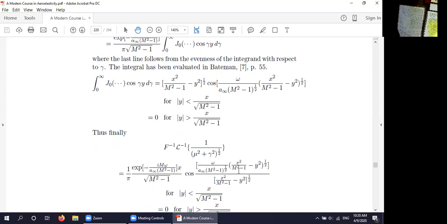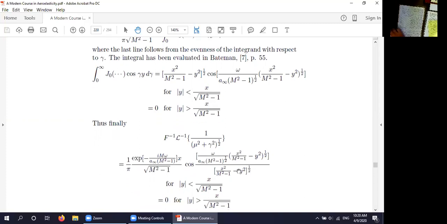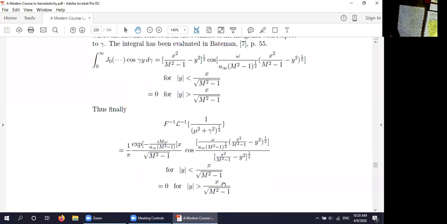Except that that's not the total answer. That's true when the absolute value of y is less than x over this factor involving Mach number, but this double inverse is 0 when the absolute value of y is greater than x over this factor.